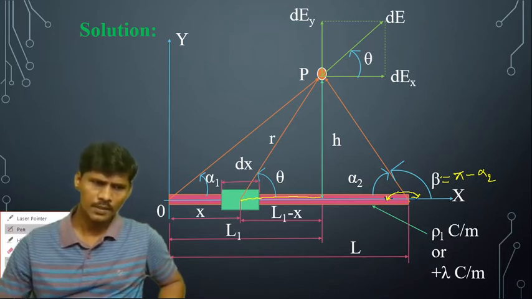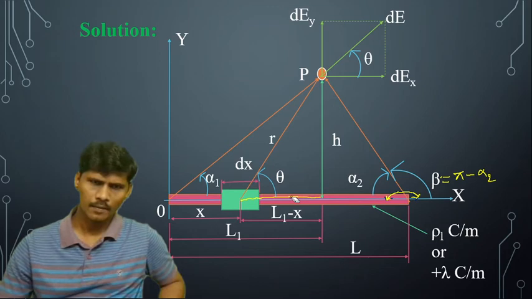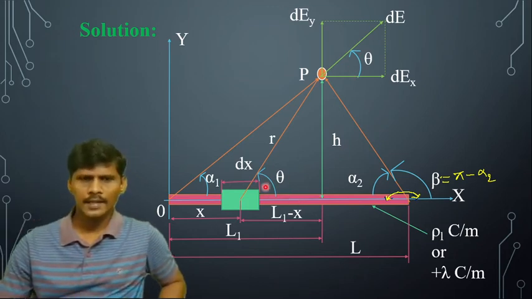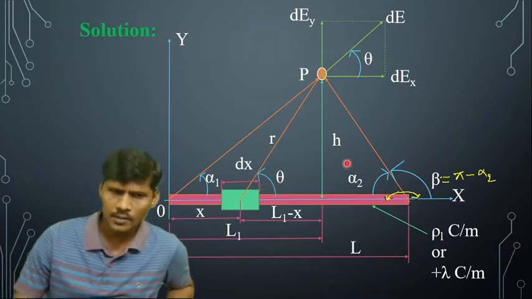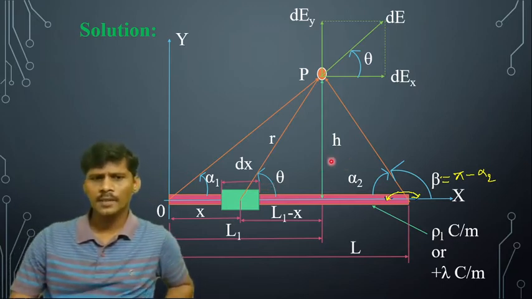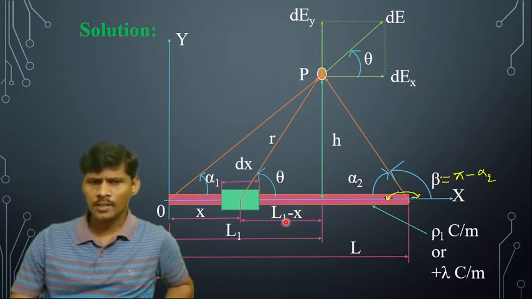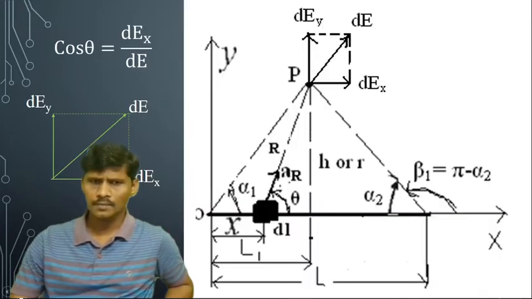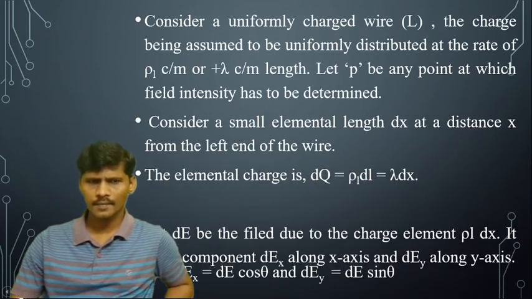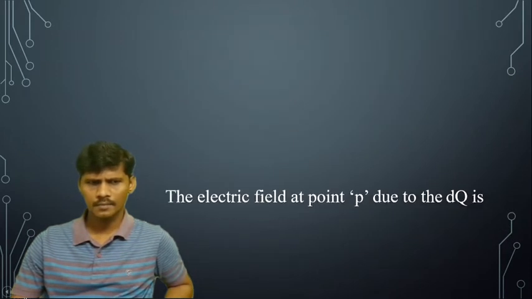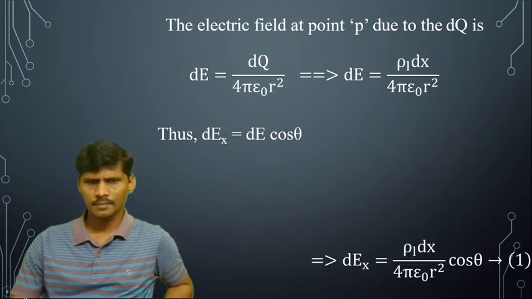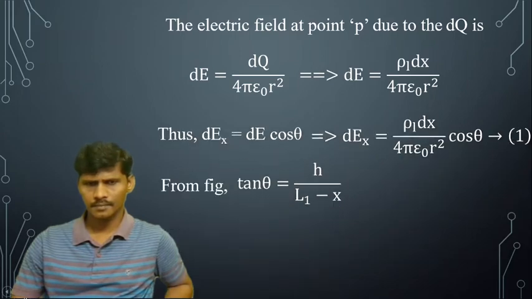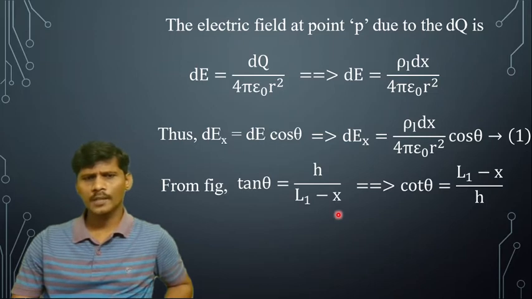So from this figure, tan theta is equal to opposite side by adjacent side. H is the opposite side and L1 minus x is the adjacent side. Tan theta is equal to h by L1 minus x.